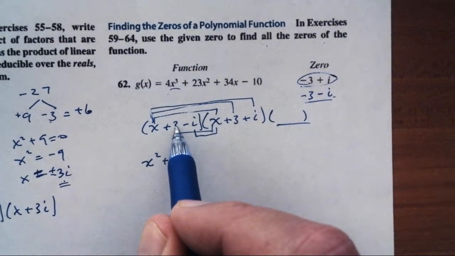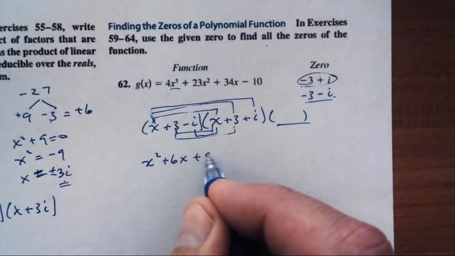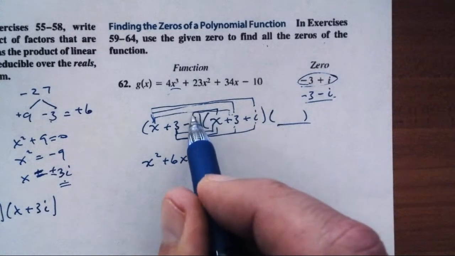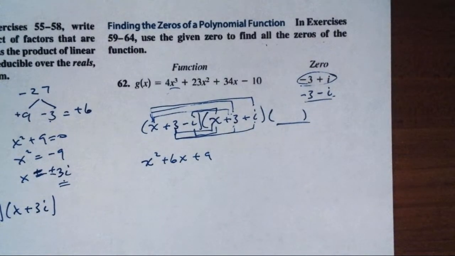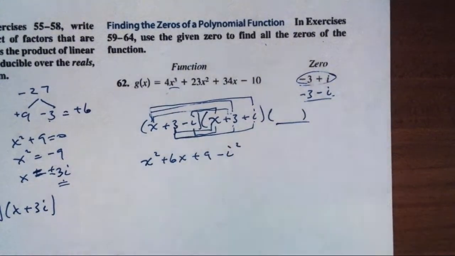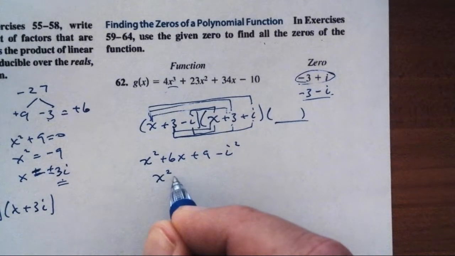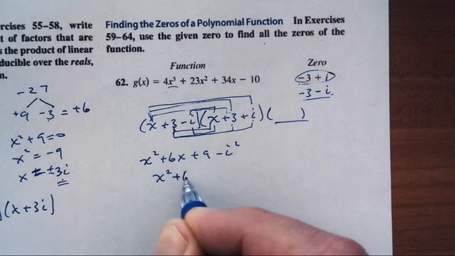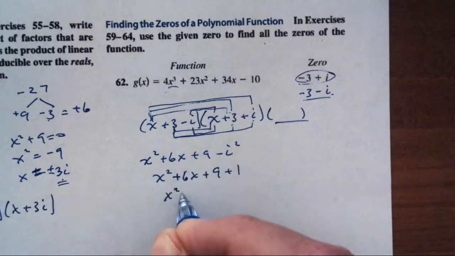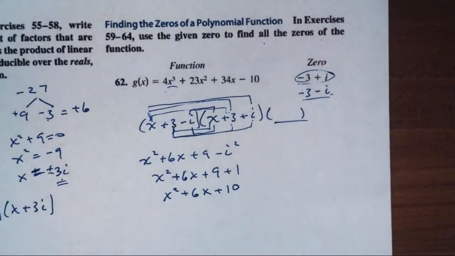Here's where I'm going to get a real number. 3 times 3, that's a plus 9. Then I get 3 i's, but I also get minus 3 i's. And all that's left is the minus i times minus i squared. So that becomes x squared plus 6x plus 9 plus 1, or x squared plus 6x plus 10.